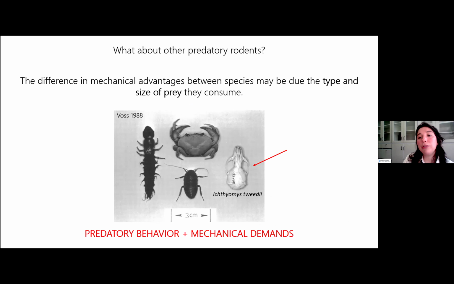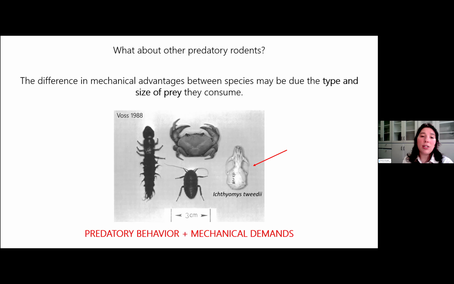And this may be related to differences in food items consumed by each of these predatory species. Onychomys, Hydromys, and Ichthyomys, for example, the ones that have higher mechanical advantages, include small vertebrates in their diets, which may have higher mechanical demands compared to the akodontines that eat mostly small invertebrates, which may mean that bite force is not that limiting for them.